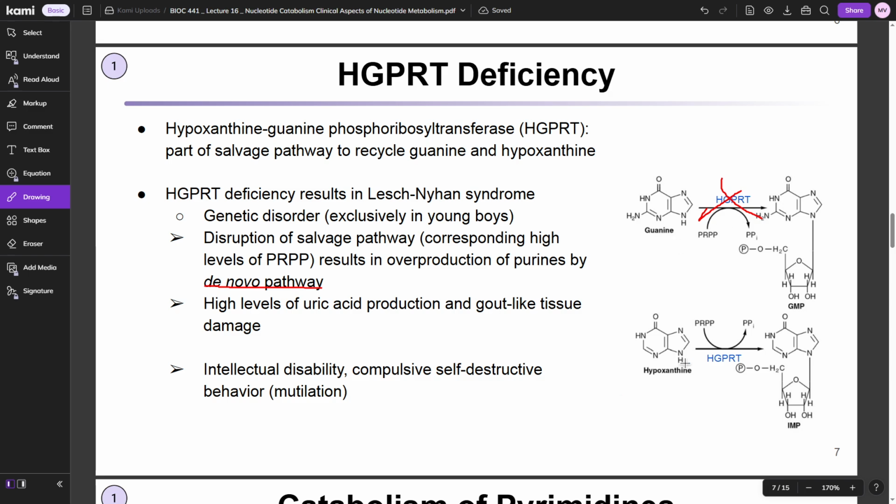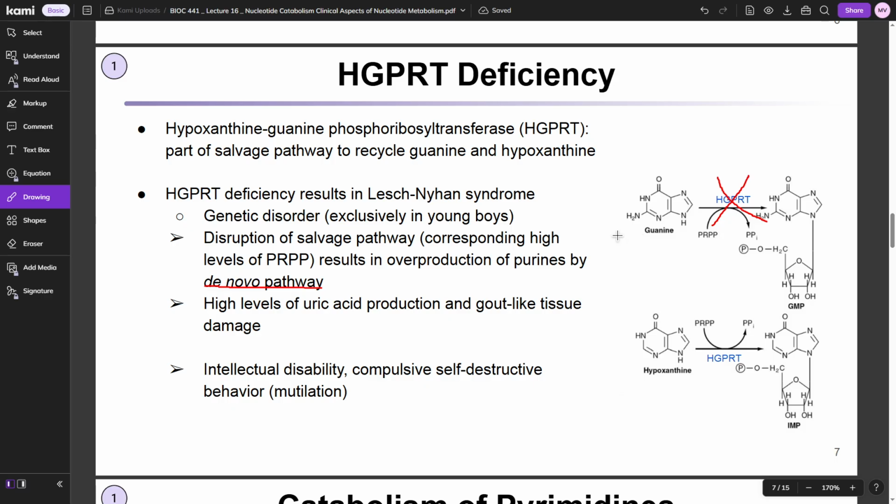So for example, if you have guanine, normally you can use this HGPRT to attach it to a sugar and make GMP. But if you break the enzyme, you can't do that anymore, so you have to de novo synthesize everything, and that takes up so much energy.